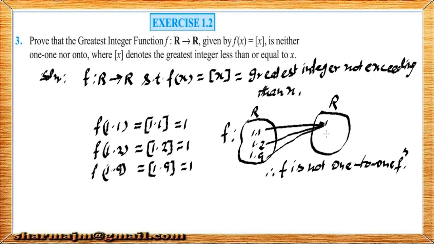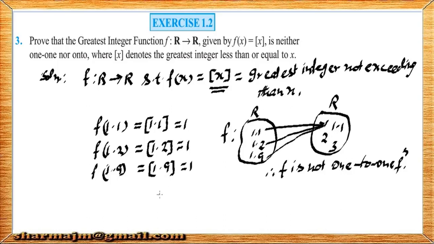Now here we will check this function for onto. So you have on the right hand side 1 and then you will have 2 and then 3, because the range of this function will only be integers. So here if you have 1.1, then its pre-image does not exist.